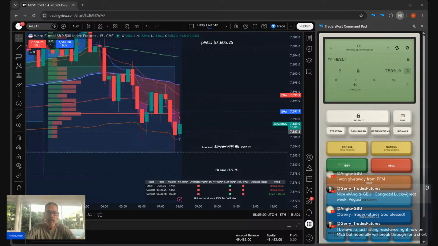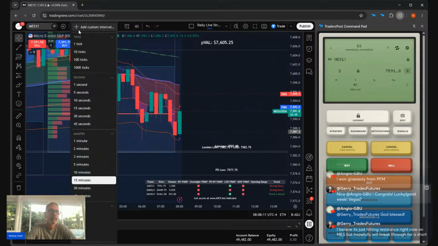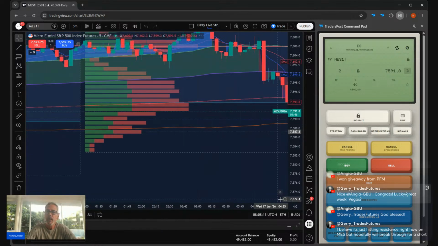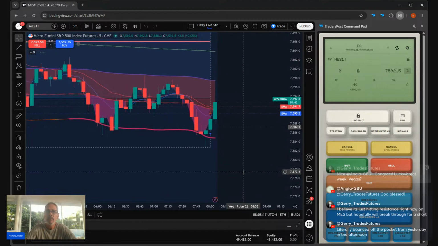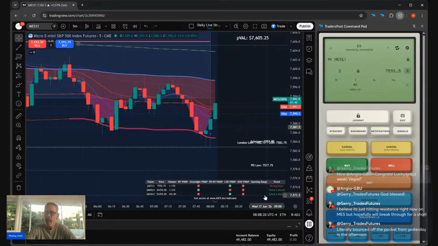Jerry's thinking resistance on the MES. All right, it's coming up toward VWAP.